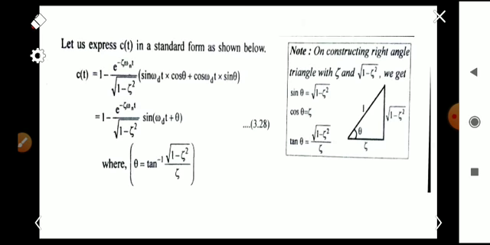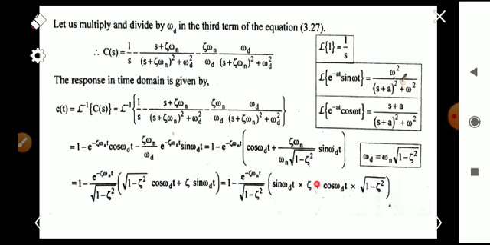Considering a right angle triangle having sides 1, root of 1 minus theta square, and theta, the value of sin theta will be root of 1 minus theta square and cos theta will be theta. So instead of theta we substitute cos theta, and instead of root of 1 minus theta square, we substitute sin theta.